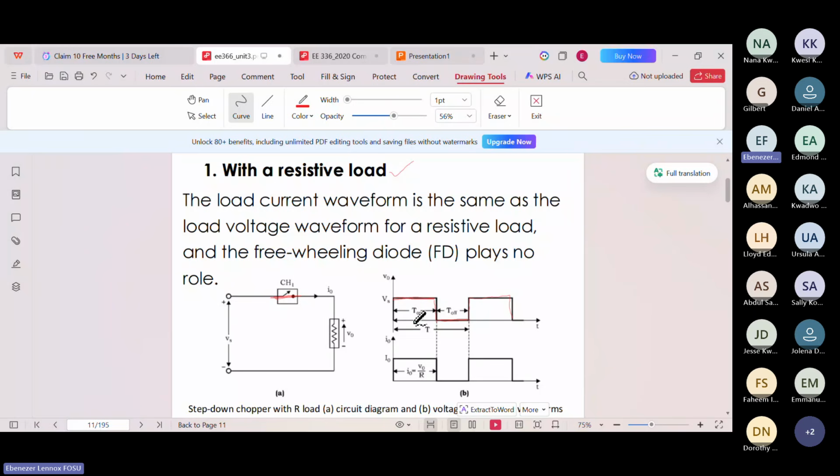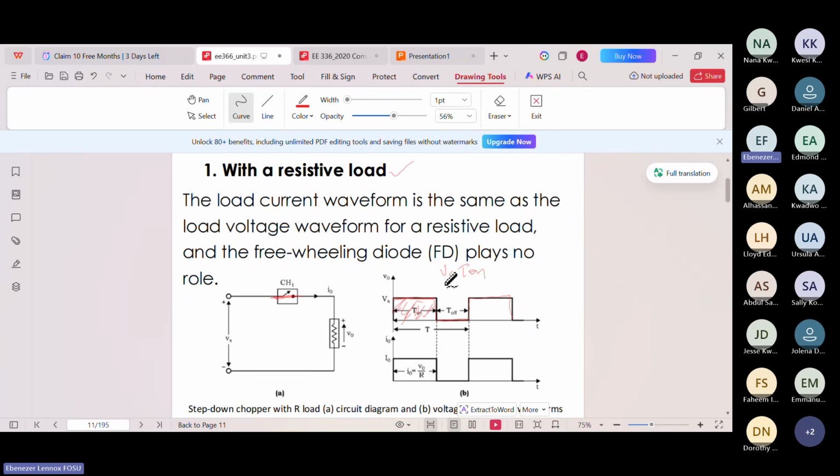We will be interested in the average value of the output voltage and the RMS value. I know we know how to calculate them. You calculate the average: the area divided by the period. The area of this one is V S T on, because it's just rectangular.